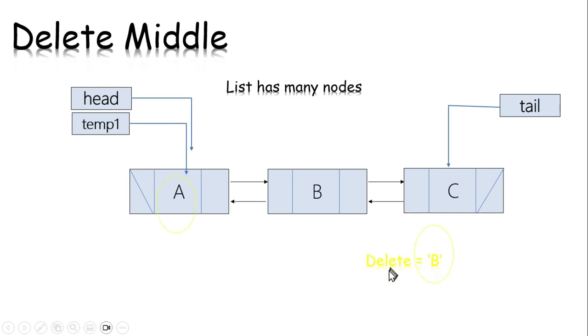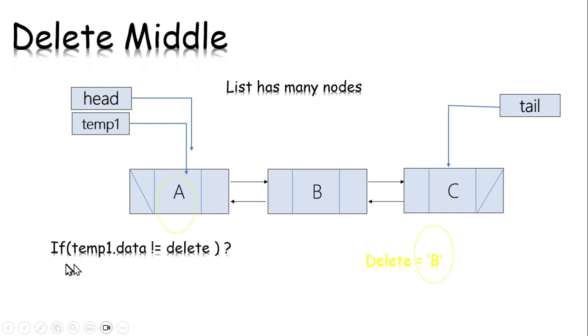If I wish to delete B, then I will compare temp1.data, which is A here, to the delete value, which is B here. If the data is the same, then we will delete the first node. I discussed how to delete the first node in the previous video. If the delete value is not the same as the first node, then I have to instruct temp1 to traverse to the next node.